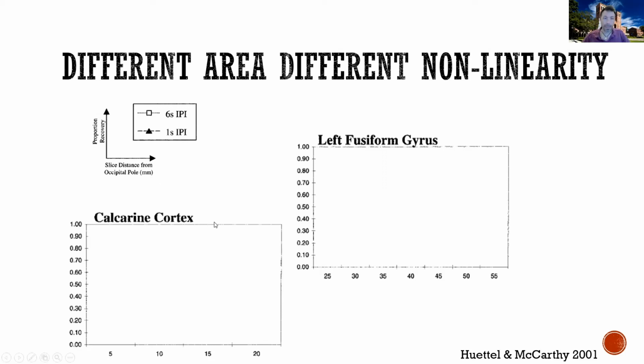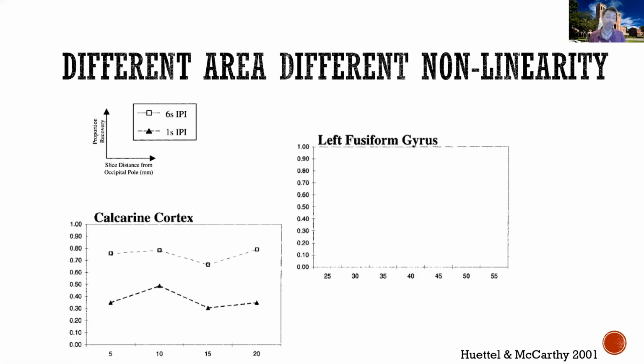So, for example, if we look at calcarine cortex, which is at the very back of the brain, you would see that if you put trials 6 seconds apart in this line, the magnitude of the response that you get is about 80% of what you would get if you had them 8 to 10 seconds apart. So you're only losing a little bit.